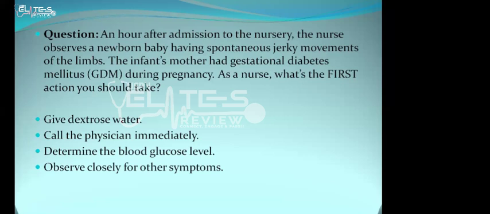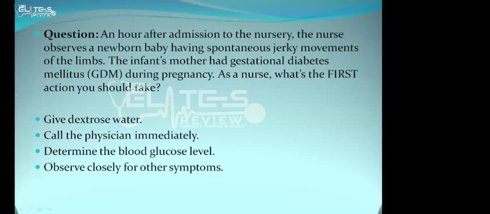Then you'll be like, well, let's see the additional information added. The infant's mother had gestational diabetes mellitus. And you ask yourself, how does this relate to jerky movements of the baby? How does gestational diabetes relate to jerky movement? Then over here, your content will come in.